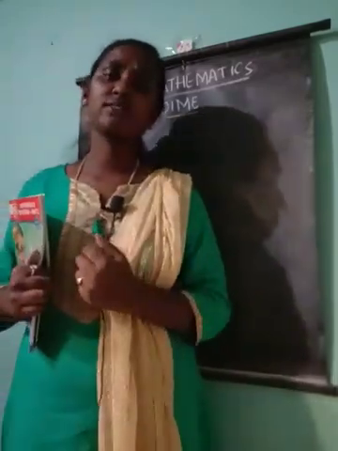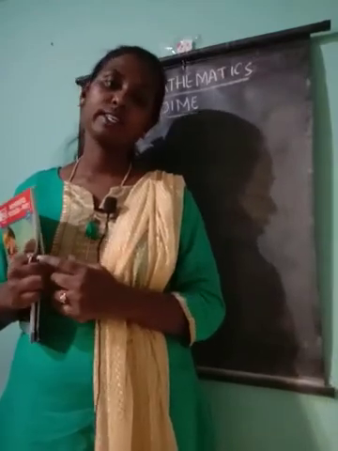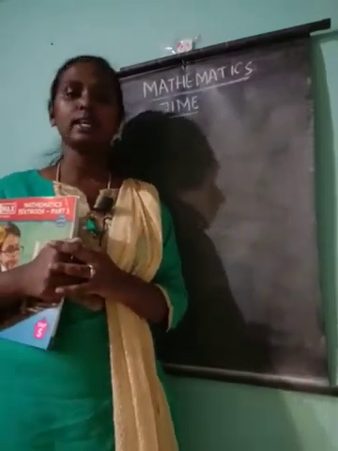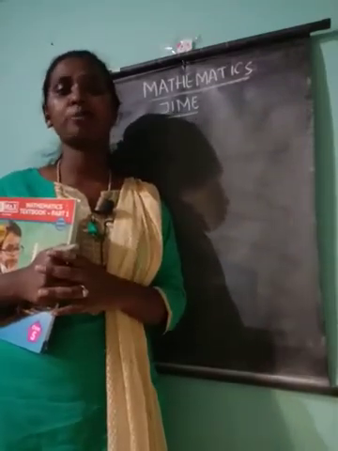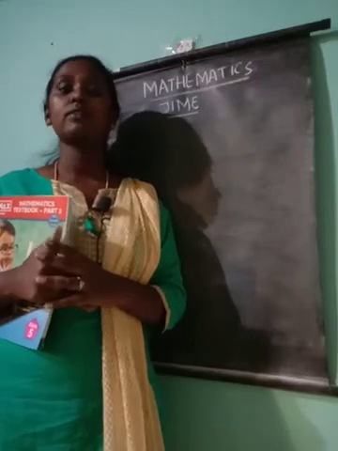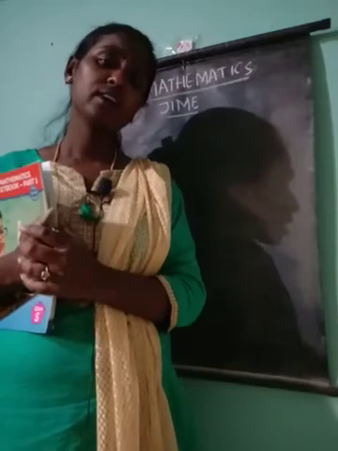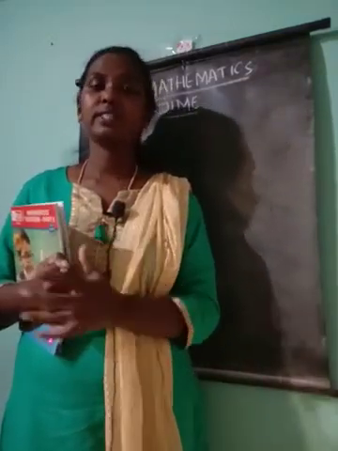And also we have learned, for 1 hour how many minutes do we have? 60 minutes, right? For 1 minute how many seconds do we have? 60 seconds. So for 1 hour we have 60 minutes, and for 1 minute we have 60 seconds.